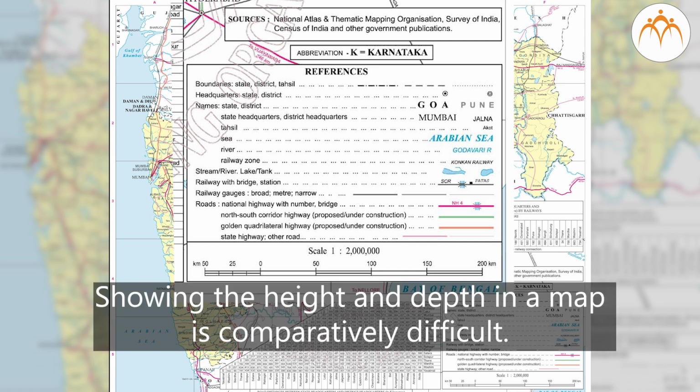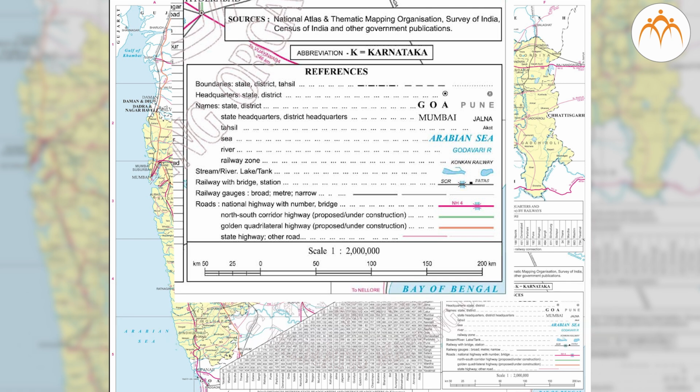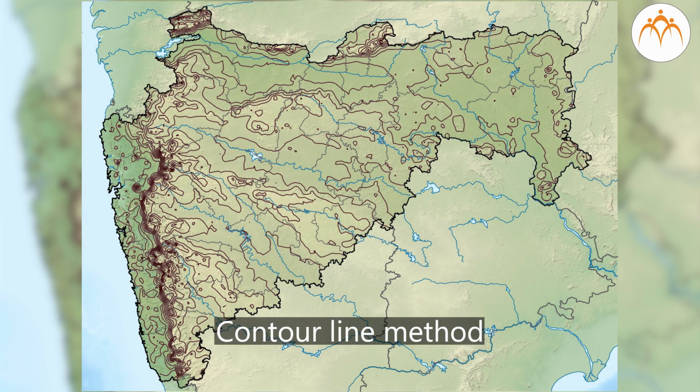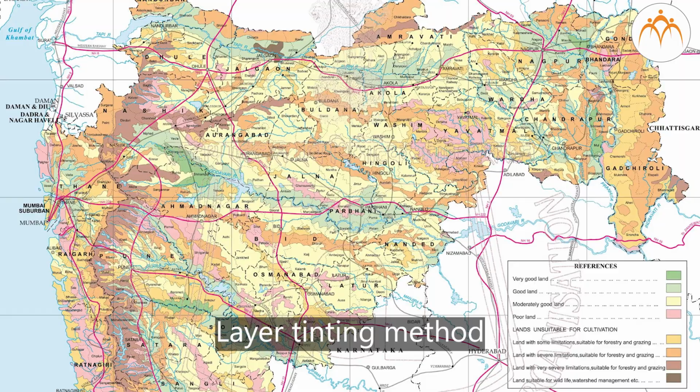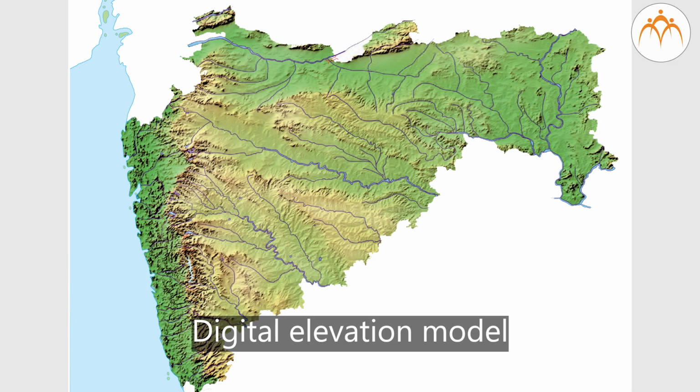However, showing the height and the depth in a map is comparatively difficult. Various methods are used to show height and depth in a map. These methods are contour line method, layer tinting method, and digital elevation model.